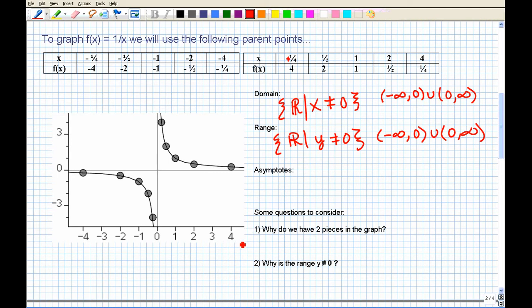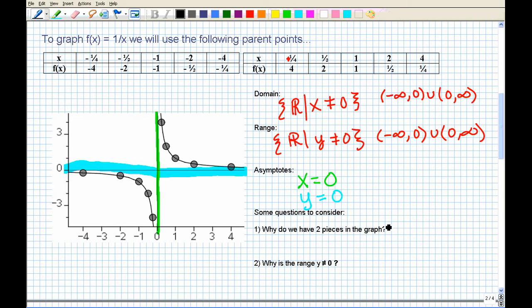But we have 2 asymptotes, and we have a vertical one and a horizontal one. So we've got vertical asymptote, and then we've got this horizontal asymptote. So this vertical asymptote is x equals 0, and then that horizontal asymptote is y equals 0. Sorry if that's kind of hard to see. It's x equals 0 and y equals 0.